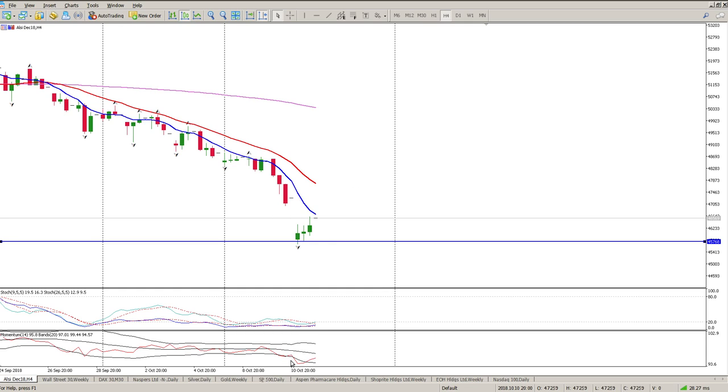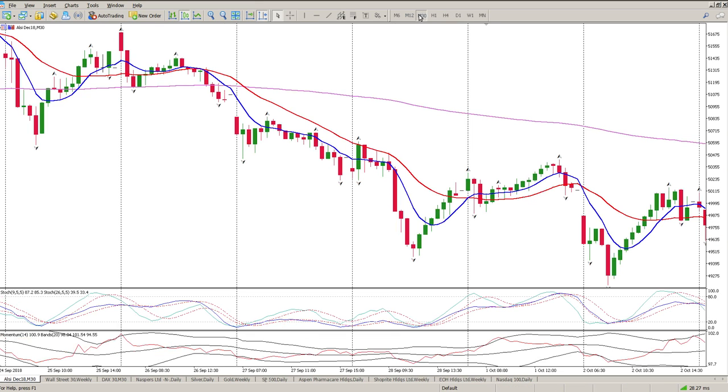We do have both oscillators indicating that it's tired, but this looks a lot like a flag. Move down, flag, another move down. Anyway, that's kind of me at the moment.